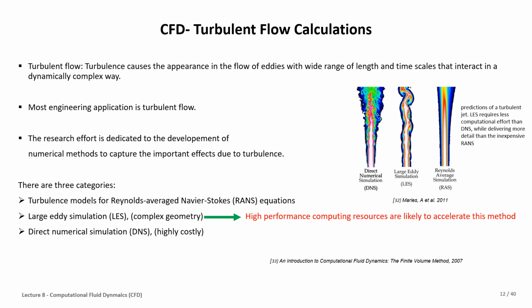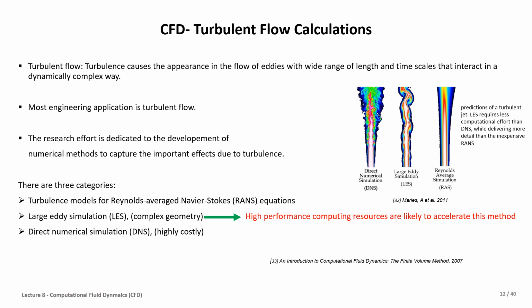This slide presents the different solutions between RANS, LES, and DNS. On the right hand side, you can see RANS, Reynolds-averaged Navier-Stokes, presenting the average solution for its example of a turbulent jet. We can see large eddy simulation, LES, presenting much more detail on this case in contrast to RANS.